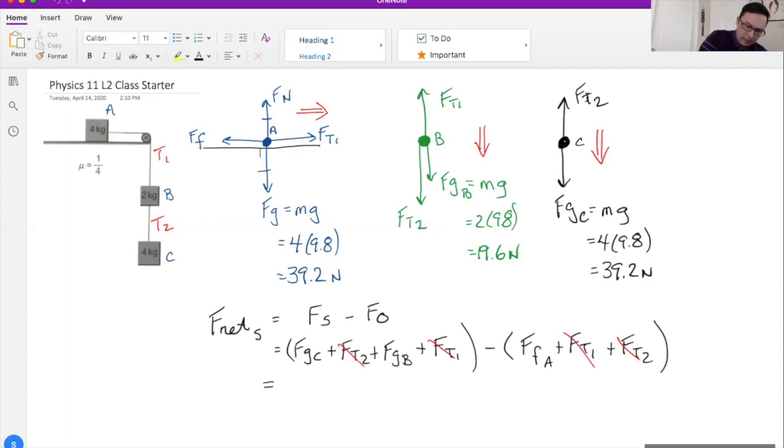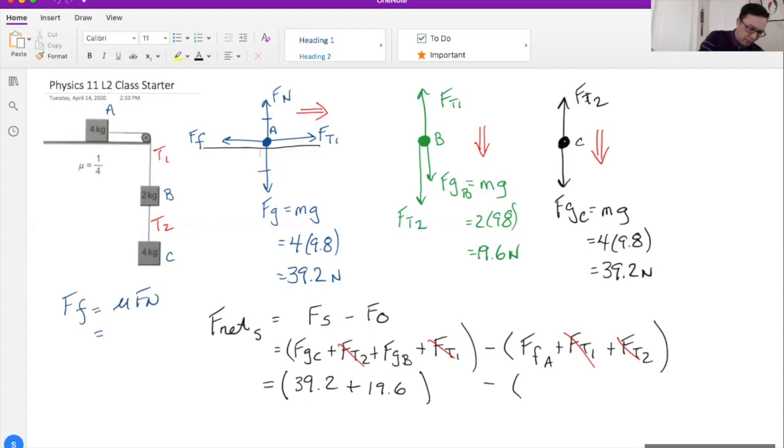Force of gravity C, 39.2, added to force of gravity of object B, 19.6, minus the force of friction for A, which I haven't calculated. So let's go back and do that. Force of friction is equal to mu Fn.